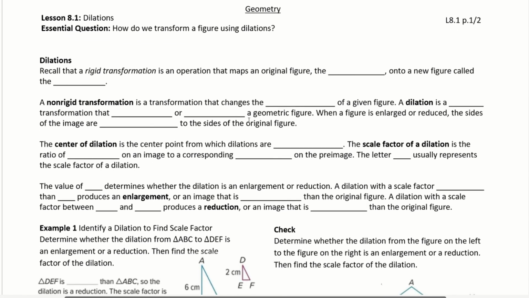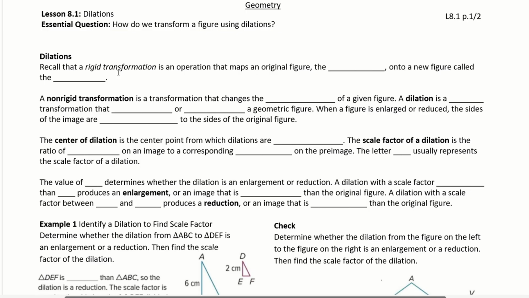Remember that we discussed in a previous chapter the idea of a rigid transformation. A rigid transformation is something that preserves the distances or the sides of a figure.